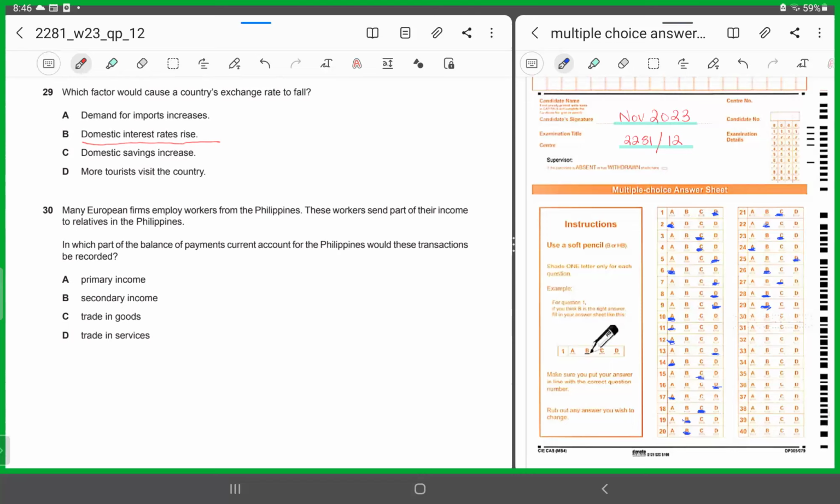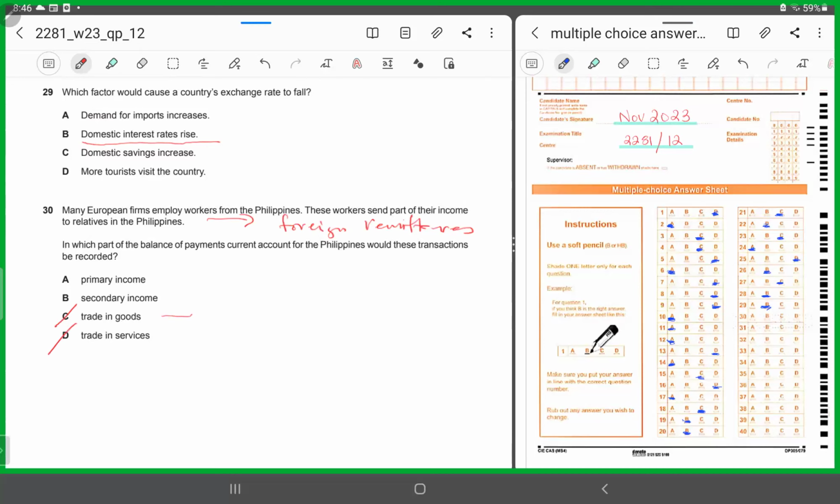Now, trade in goods records the value of exported goods and the value of imported goods. Trade in services talks about the value of exported services and the value of imported services. Over here, this is talking about foreign remittances. So C and D cannot be the options. You can chop it off.